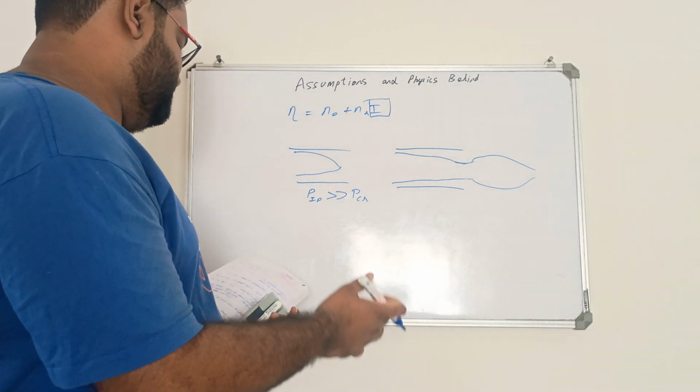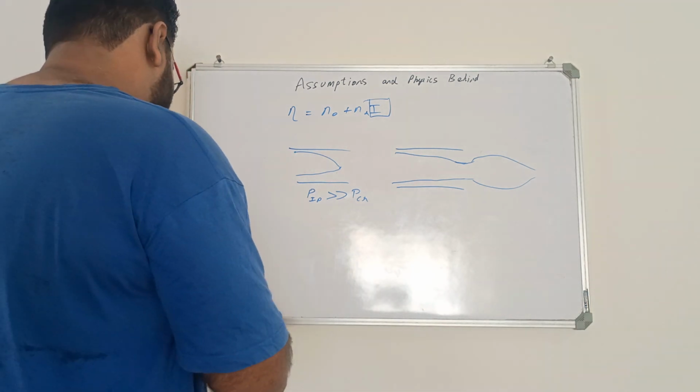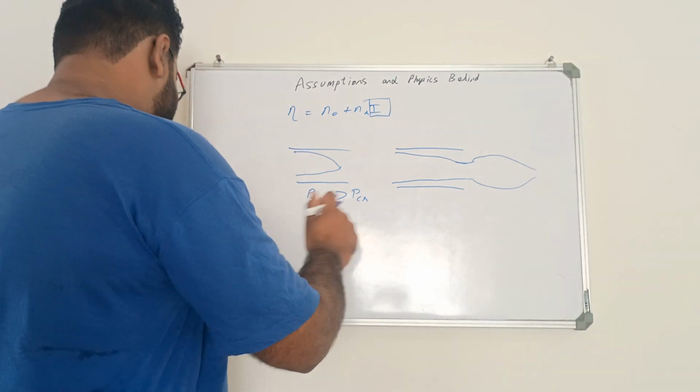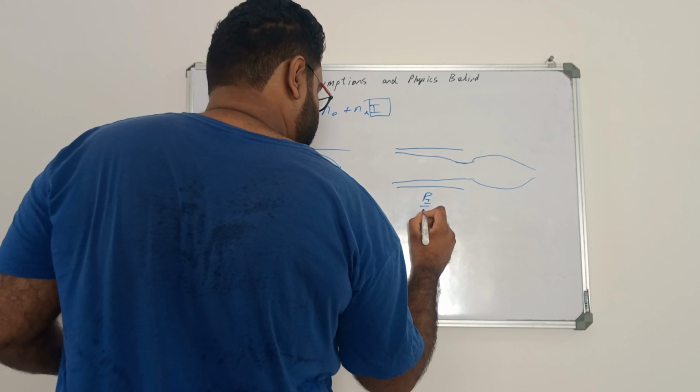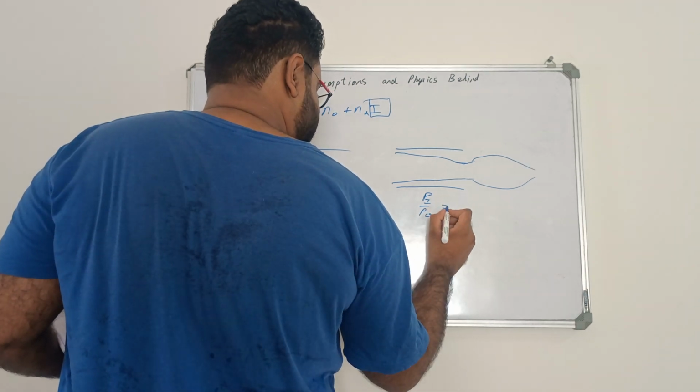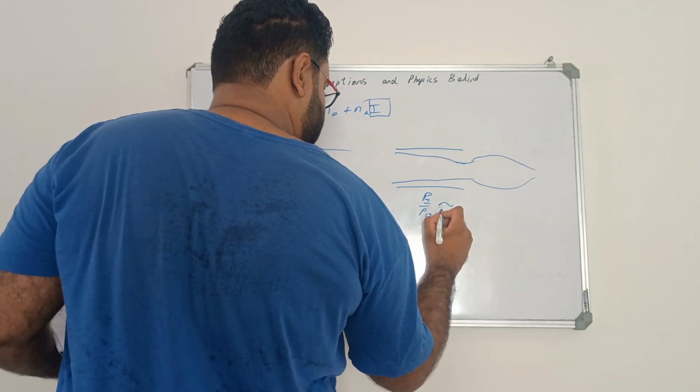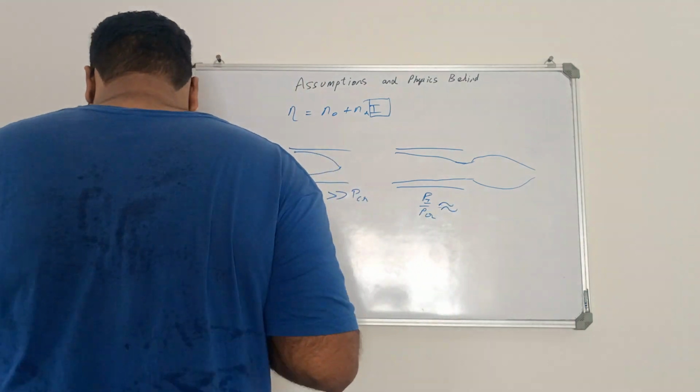We can look at the equation for critical power, and what we see is that the ratio is somewhere around 1.5 to 2.